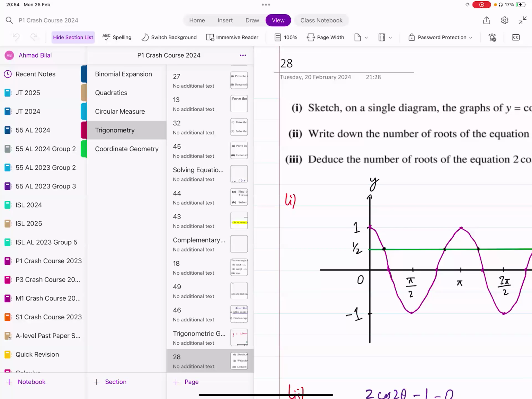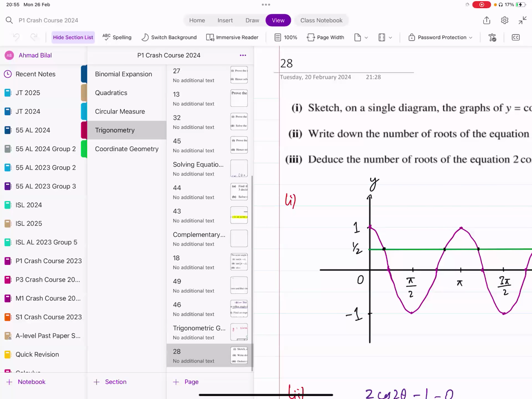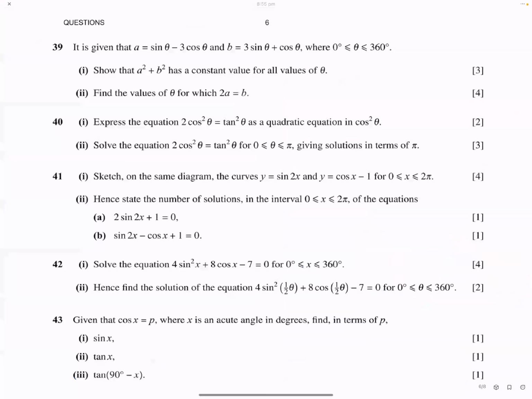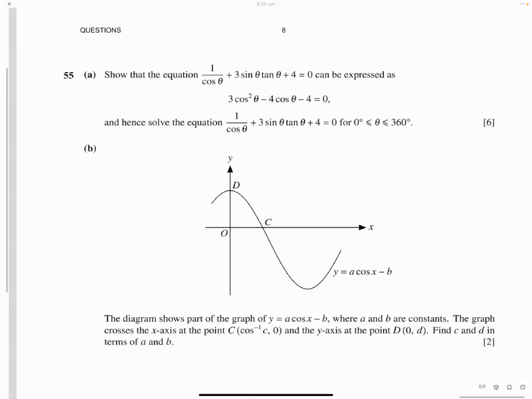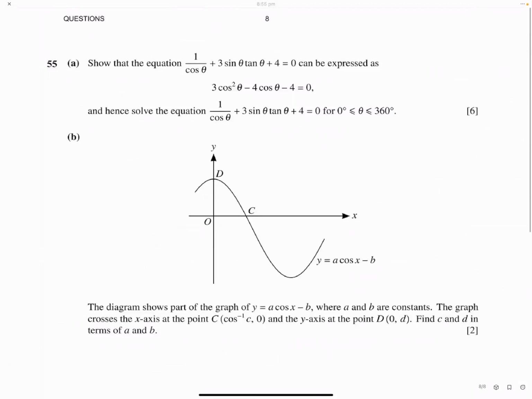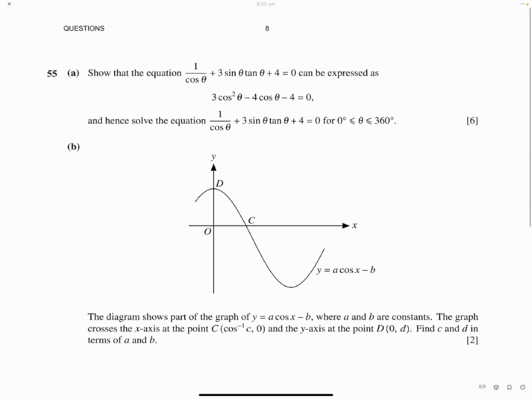Okay, so let's start with this one. So I'll start with those other questions as well. I wanted to do something from the worksheet first. Let's start with this question from Rijal 55. Okay.